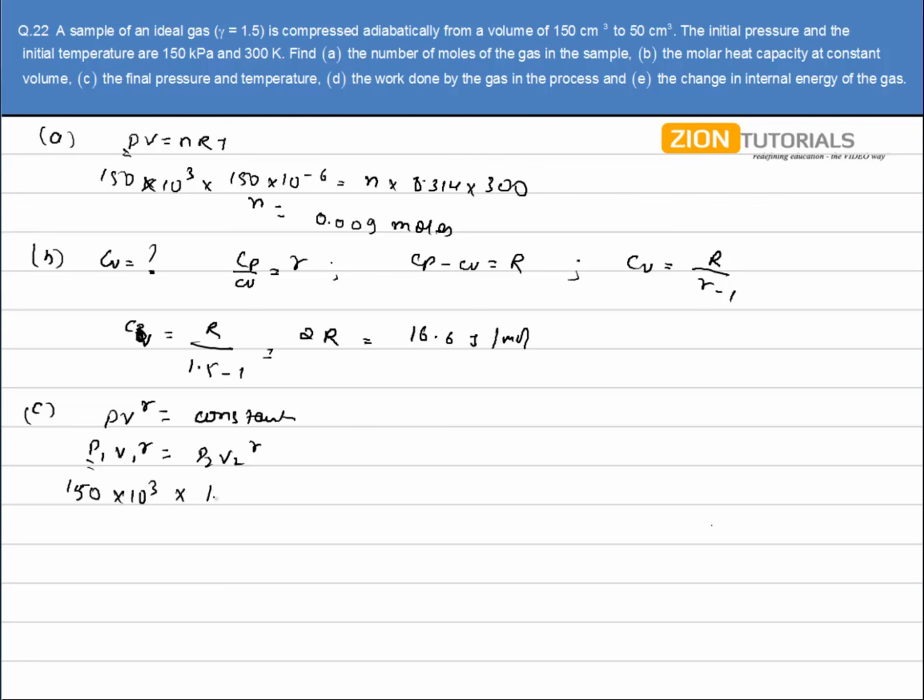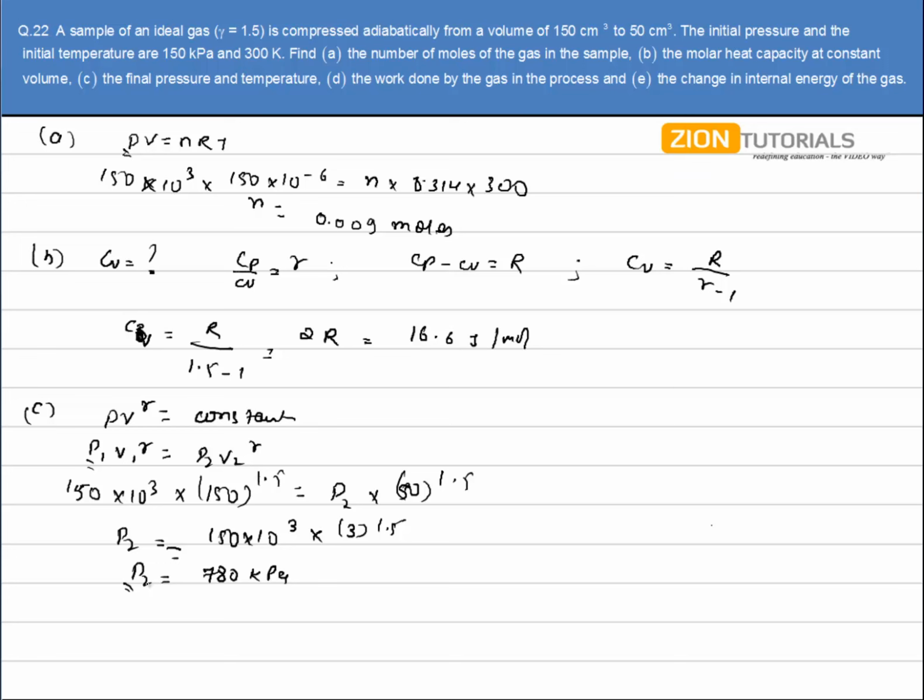Initial volume is 150 to the power 1.5. Final pressure, that is what I have to calculate, and the final volume is given as 50 cm³. So what I have over here is final pressure as 150 times 10^3 times 3 to the power 1.5. Solve this equation to get the value of P2 as 780 kilopascals.